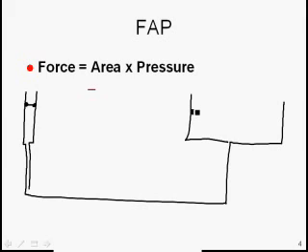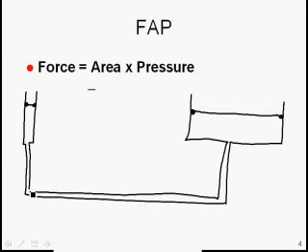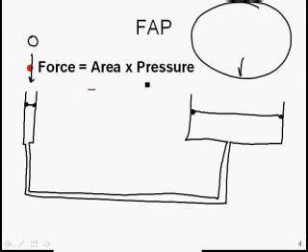And again, we'll put a rubber O-ring all the way around it. Force equals area times pressure. Let's just say that the area of this cylinder, remember if we were looking down on it, it would be a circle. If we were looking down on this thing, it would be a big circle. We'll pretend that that's a circular circle, not an oval.